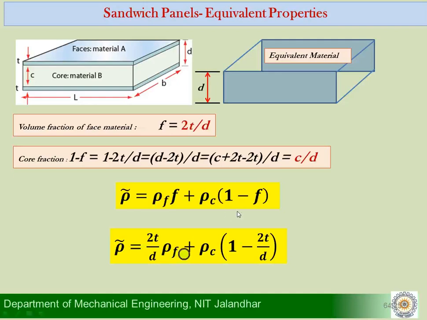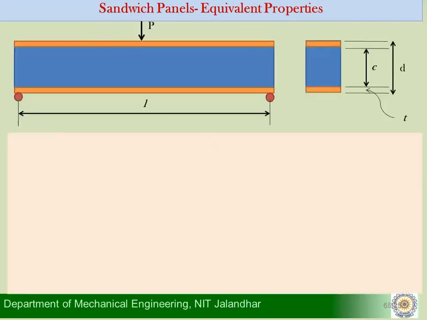Please make a note of this expression for the density of the sandwich panel, which is, as I said, similar to what we obtained for the density of the resulting composite by a simple rule of mixtures. Now let's start discussing this composite, the sandwich, as a beam. If you look, this is a line diagram, and these are the cross-sectional views that you see.